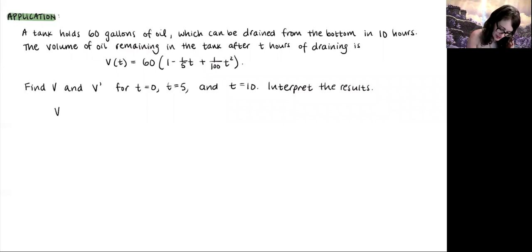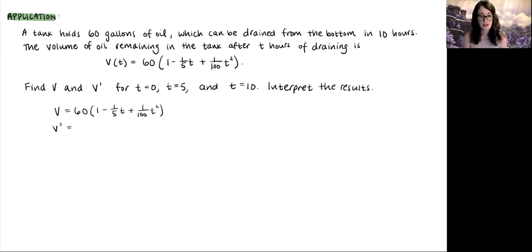So we already know that V of T, or just V we can say, is 60 times all of this stuff. Now to find the derivative, V prime of T, or just V prime, you could, if you wanted to, distribute that 60 and then not have a set of parentheses.